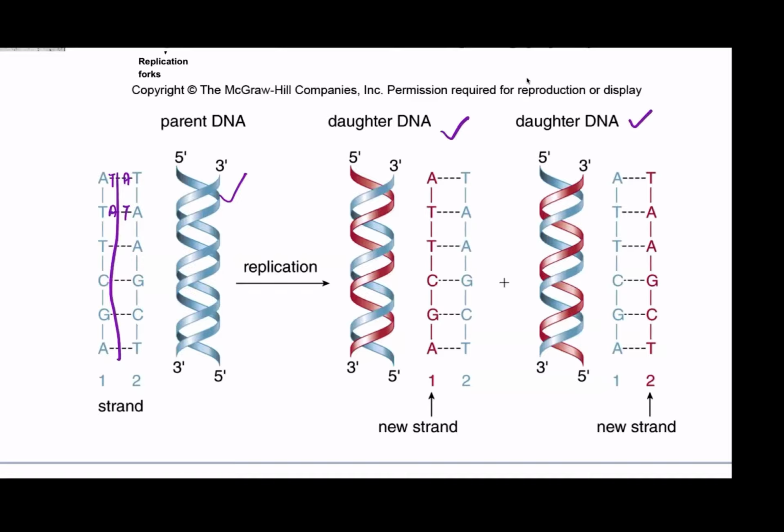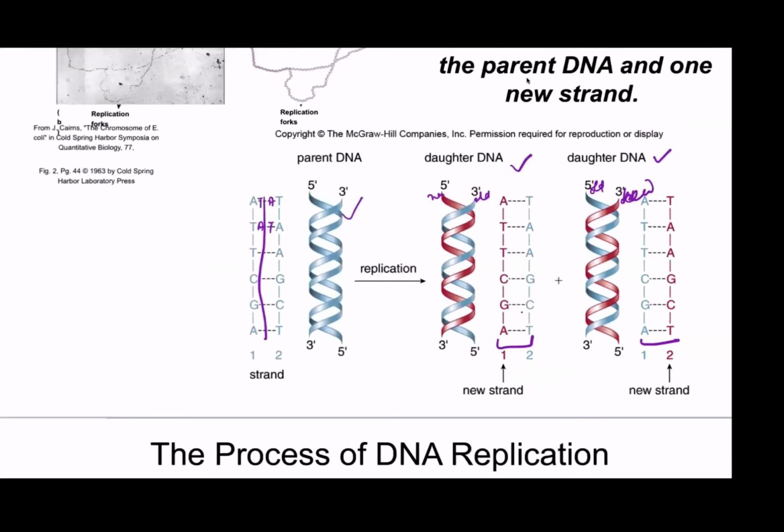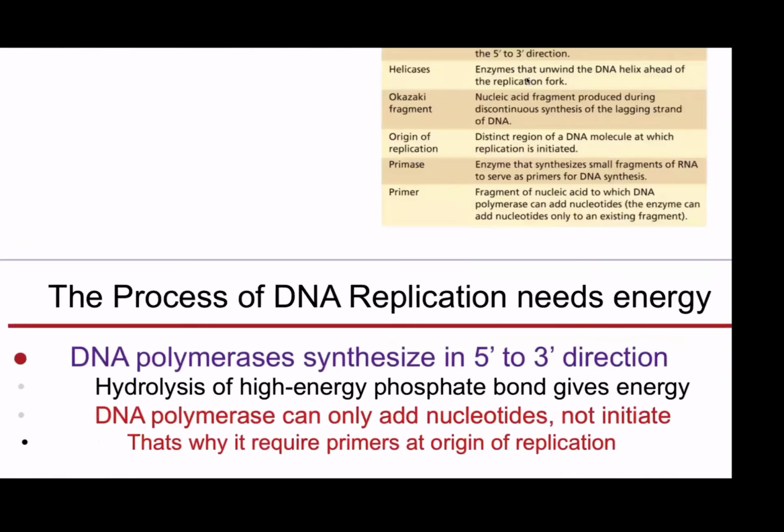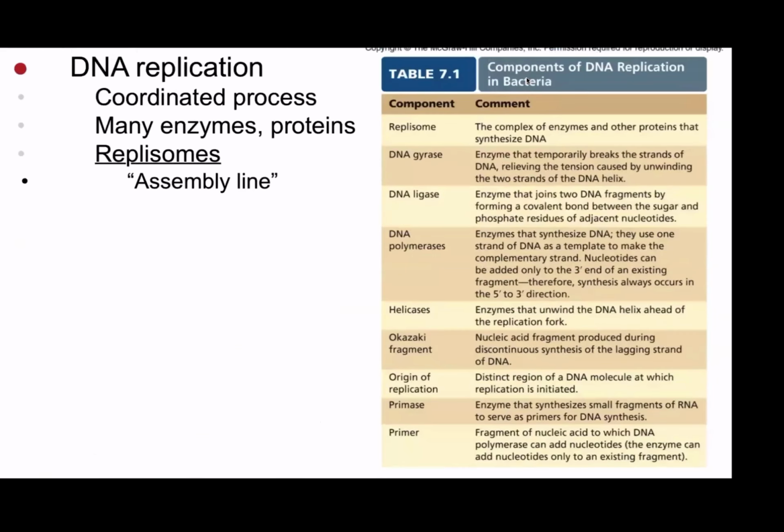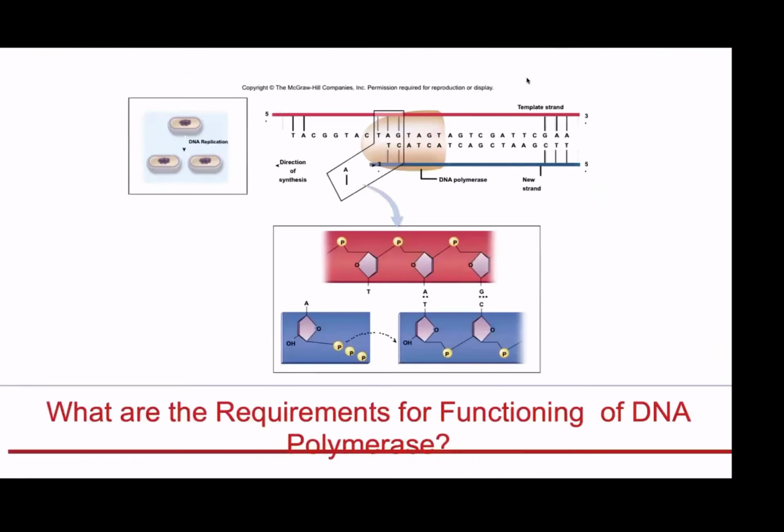So one is kept as blue, old. This is new and old, old and new strands. And if you look at the information, it is the same, AT, AT, GC, GC. You're just copying the DNA, but we call it semi-conservative DNA replication.